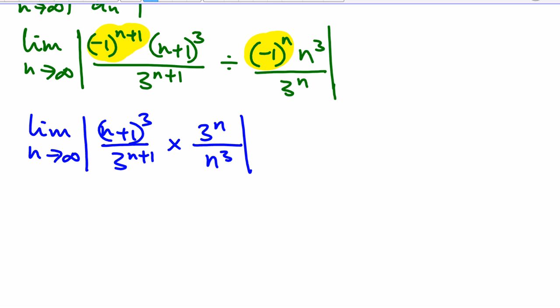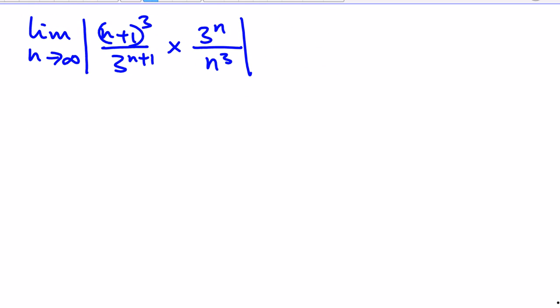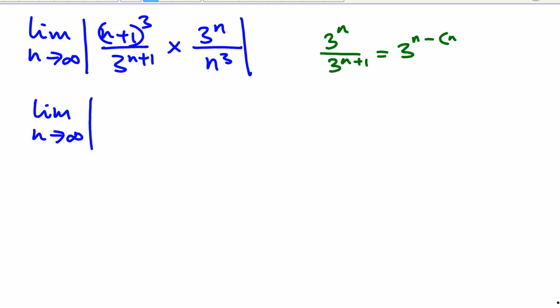Now you can simplify this to end up with the limit as n approaches infinity of a third, because remember 3 to power n divided by 3 to power n plus 1 will be 3 to power n minus n plus 1, which gives us 3 to power negative 1, which is a third.